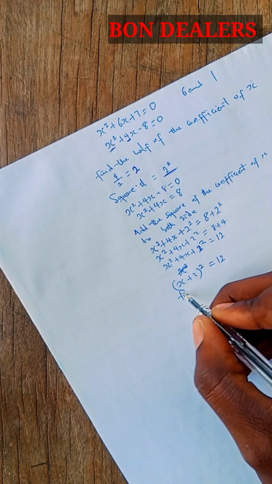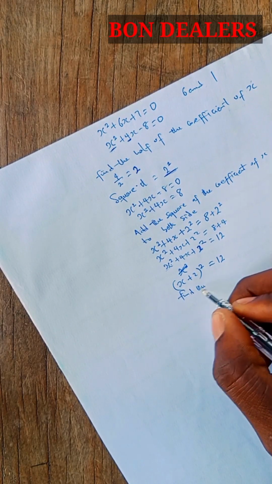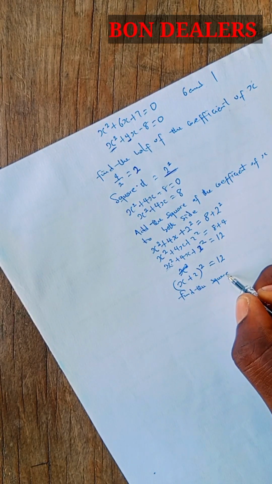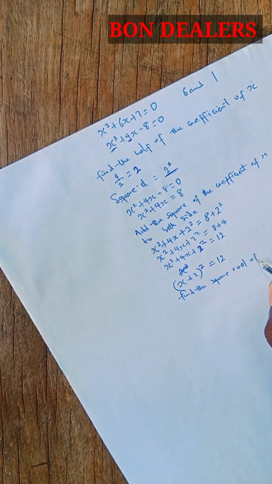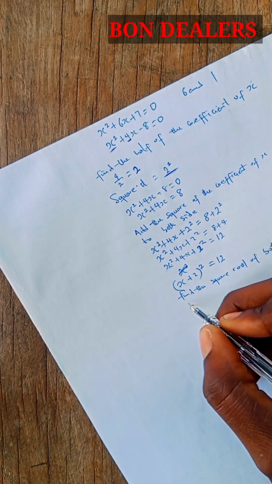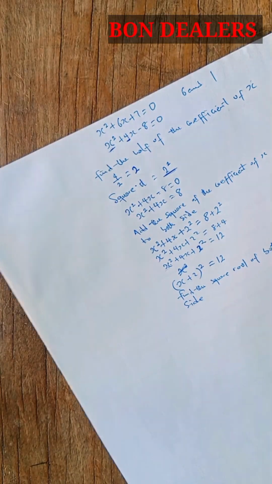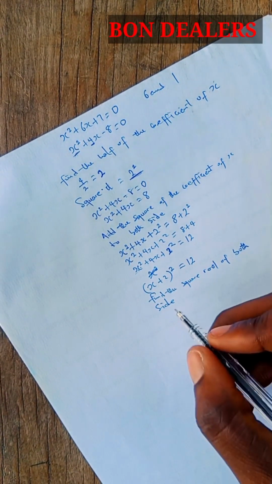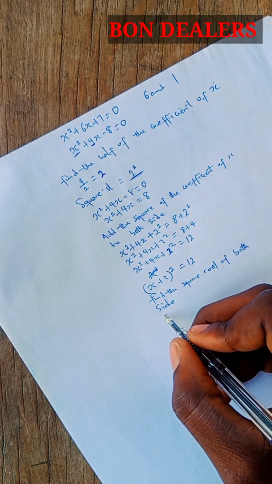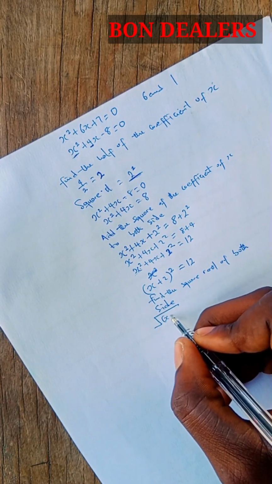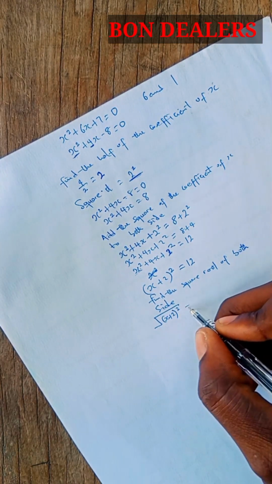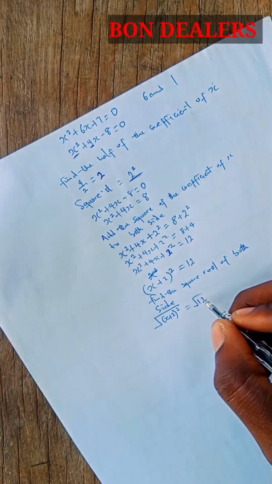You find the square root of both sides. And by that, you'll have the square root of (x plus 2) squared equals the square root of 12.